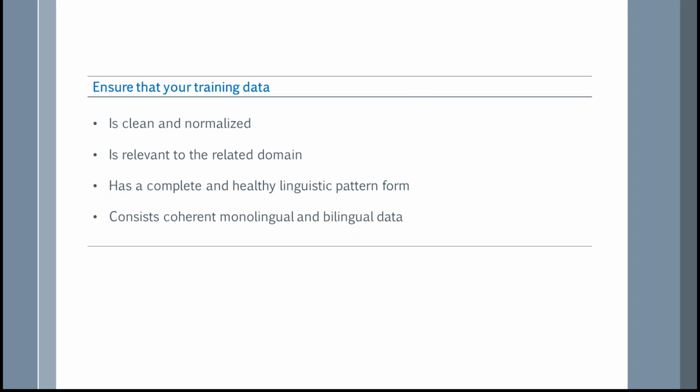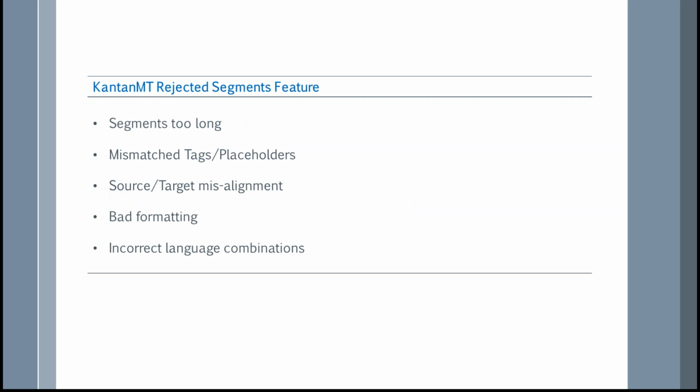So for the last, KantanMT's rejected segments feature can give you the segments that are too long to be meaningfully parsed by the system, and some mismatched text and placeholders, source and target misalignment, and bad formatting are also included in the report, and incorrect language combinations are included in the report as well.